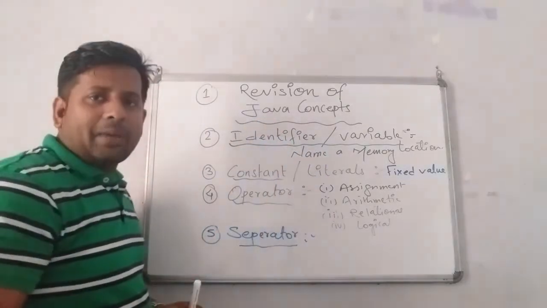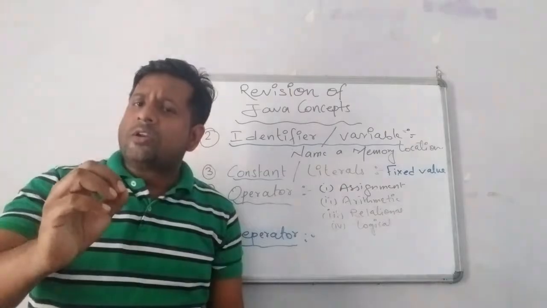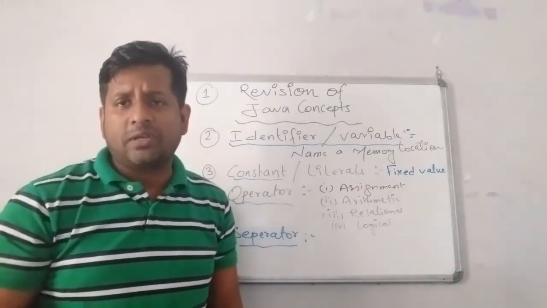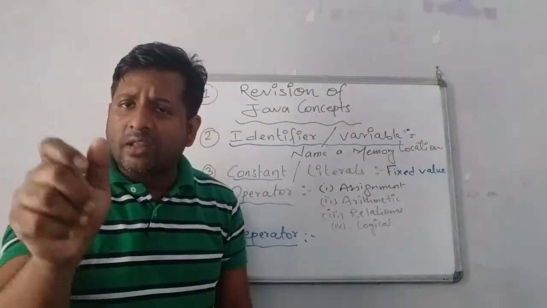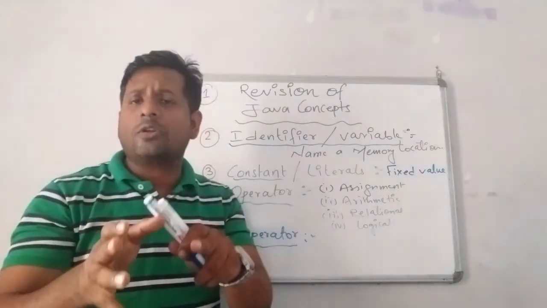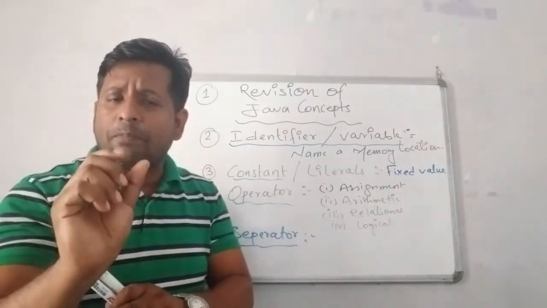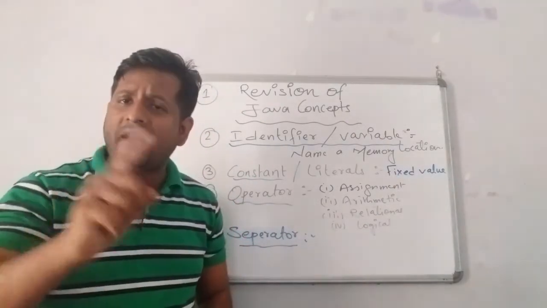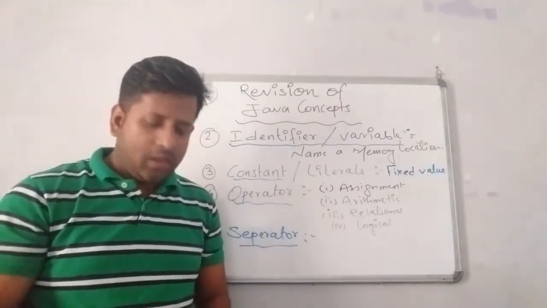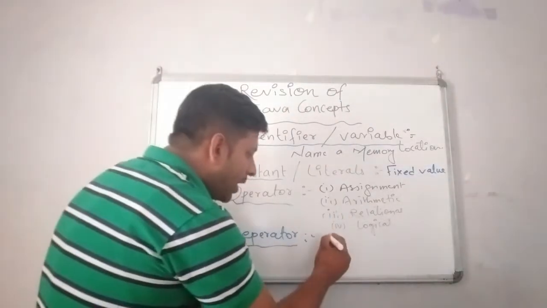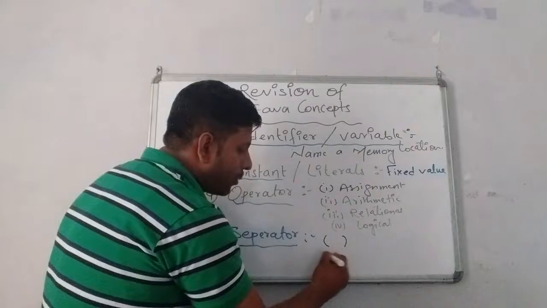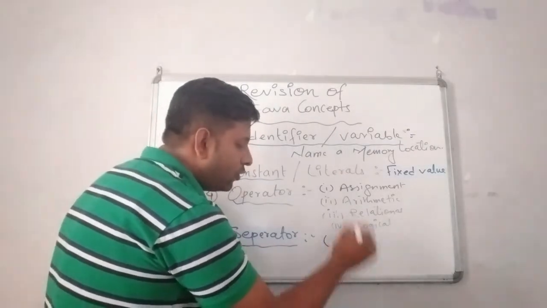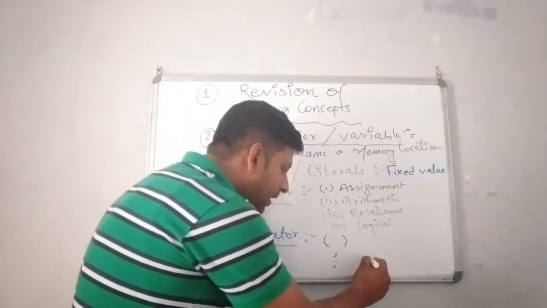Now let us move to the fifth type, the last type, that is a separator. So children, what is separator? Separators are used to separate the statements. If one line ends, automatically the next line begins. This separation of statements, separation of expressions, is known as separators. In Java we have so many, like bracket, comma, semicolon, full stop, curly bracket.